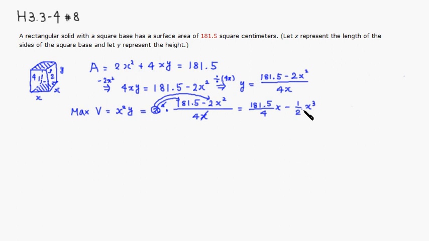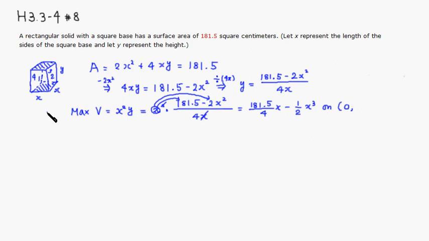Alright, so we need to maximize that on an interval. So x has to be positive since it's a length, but x cannot be too big because let's say you use the entire surface area just for the top and the bottom. That would be the biggest x we can have.